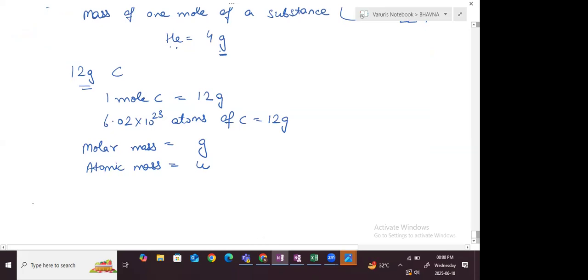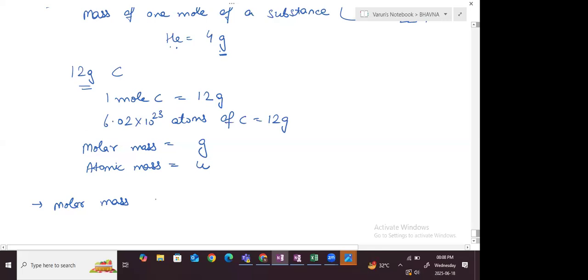The second thing is basically the molar mass. It is only the difference in units, all the rest is the same. If I say it is 12 U, you say that one atom of carbon has a mass of just 12. We replace the units.